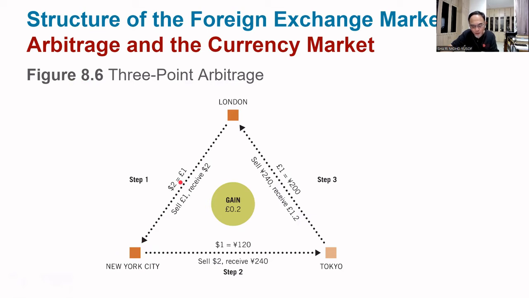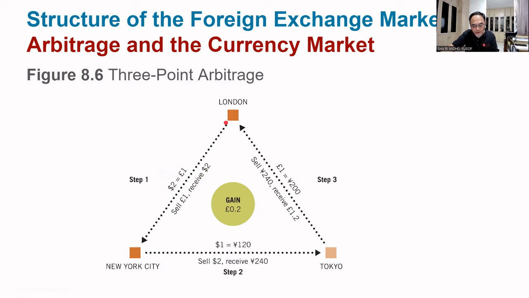In New York, Tokyo, and London, $1 can buy 120 yen in all those 3 markets, and £1 can buy 240 yen in all of them. So these are the exchange rates.